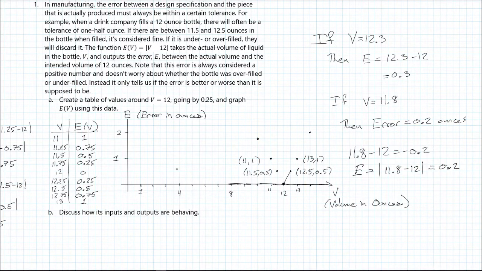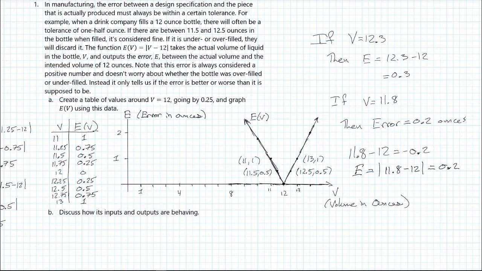So if I draw this, it's a straight line through these points to the right of 12, and then another straight line over here to the left, coming down towards 12. And we get a V shape out of this. And this V shape is the graph of E of V, right? Error is the outputs of this line, and the V is the inputs.